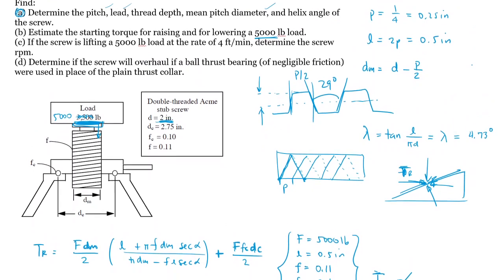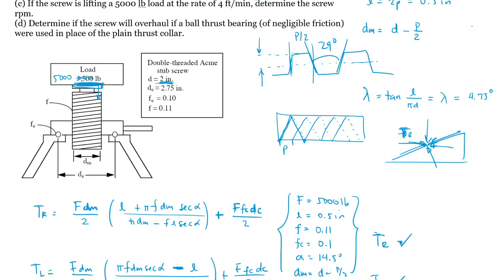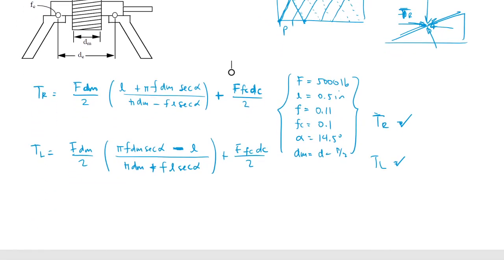If the screw is lifting a 500-pound load at a rate of 4 feet per minute, determine the screw RPM. That one is a super easy one, because if the screw thread is going up at 4 feet per minute, times 12 inches per foot, okay, and each thread will go up 0.5 inches per revolution, right?